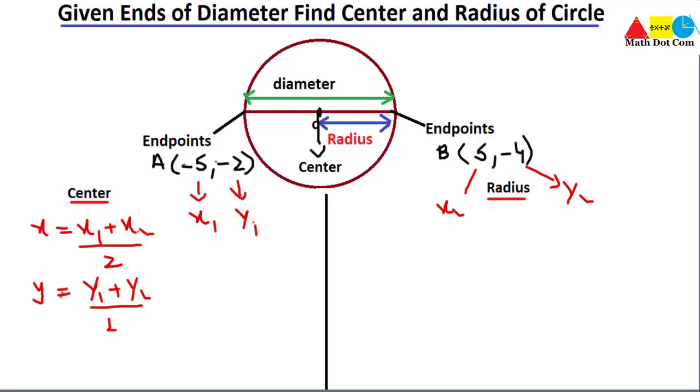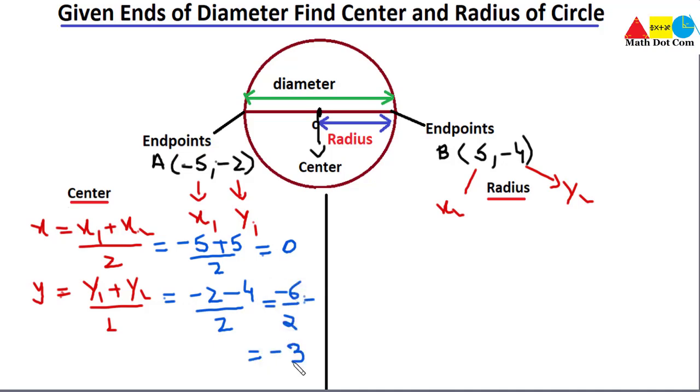Now we just need to put these values in the formula in order to find the center. We have x1 as -5 and x2 as +5 divided by 2, that will be equal to 0, and then we have y1 and y2. y1 is -2 and y2 is -4 divided by 2, so we get -6 divided by 2, that will be equal to -3. So we have got the coordinates of the center of the circle with the given endpoints.